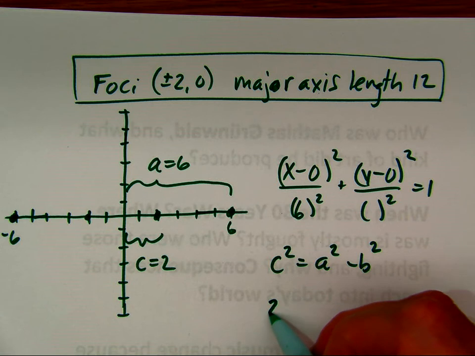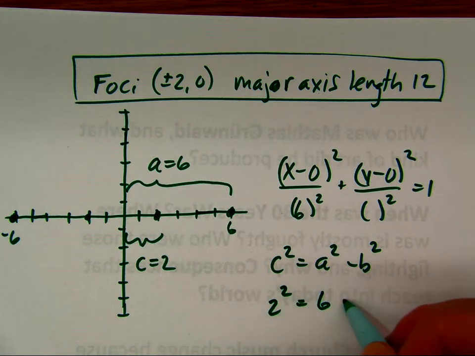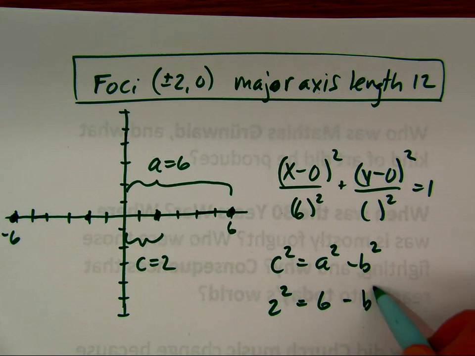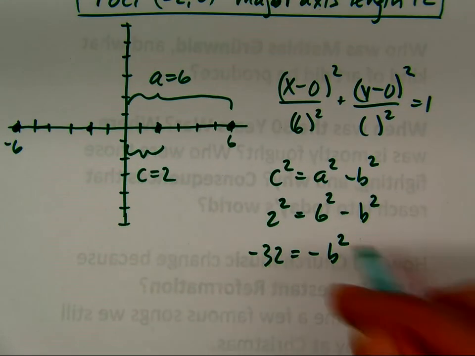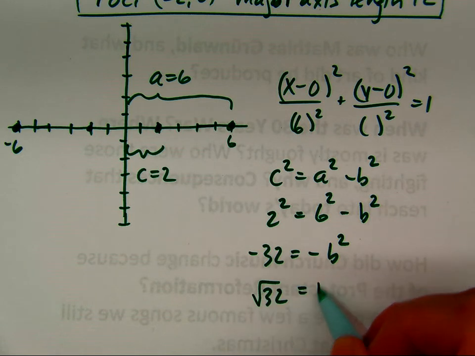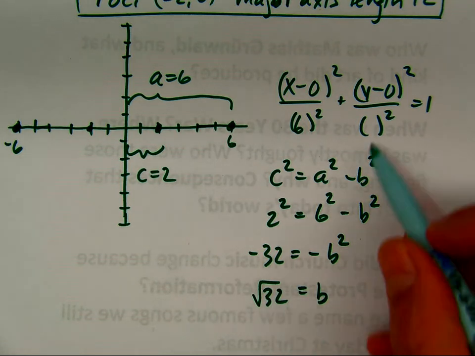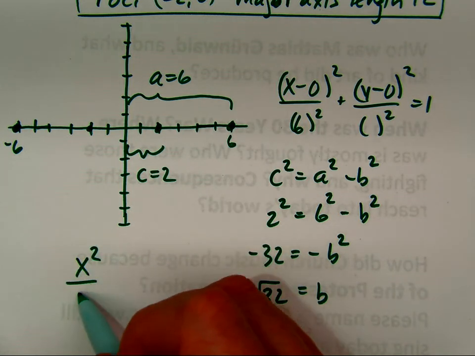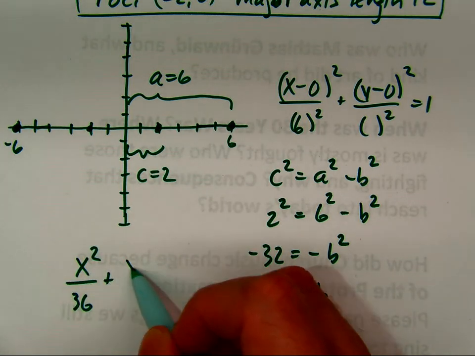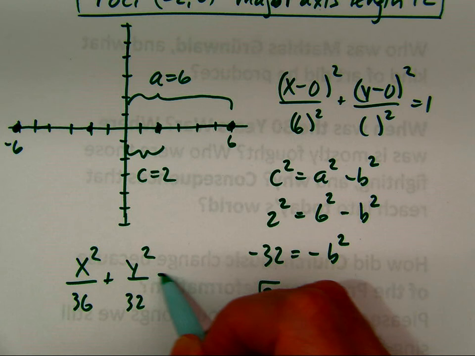C is 2, A is 6, and B is what we're going to solve for. 4 minus 36, negative 32 is negative b squared. So square root 32 is b. Then we'll put radical 32 in here. And we have x squared over 36, y squared over 32 is 1.